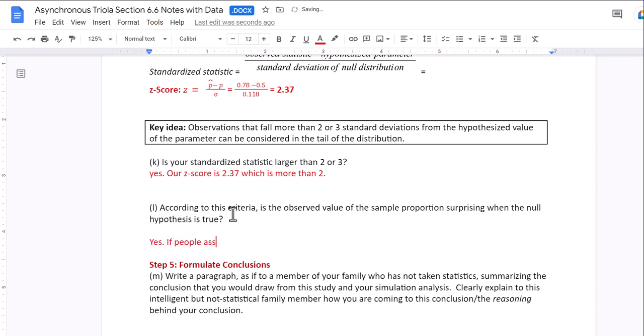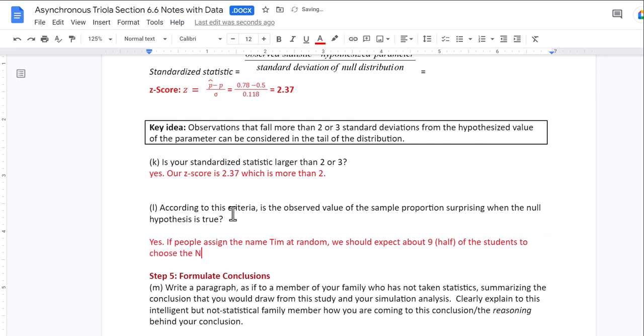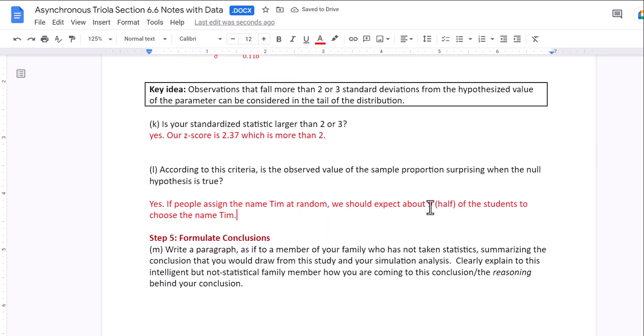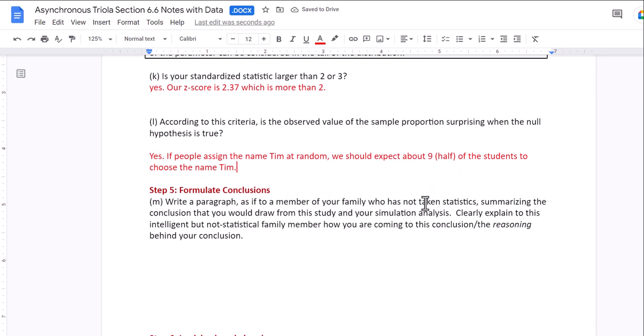If people assign the name Tim at random, we should expect about 9 students, half of the students, to choose the name Tim. So this is very surprising. 14 is very far from 9.